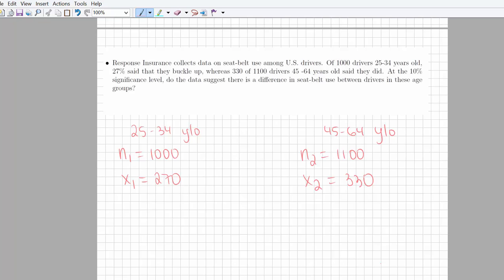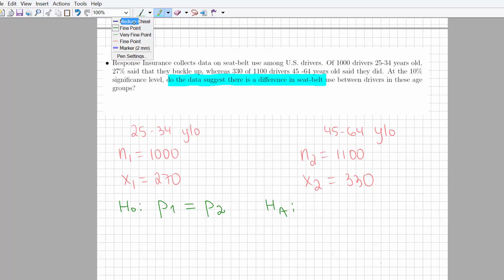At the 10% significance level, do the data suggest there is a difference in seatbelt use between drivers in these age groups? Same as before, let's set up the null hypothesis. The null hypothesis would say P1 is the same as P2. The alternative hypothesis, how do I know what the alternative does say? Do the data suggest if there is a difference? That's my line that tells me what to use, and here I'm gonna do P1 is not equal to P2.